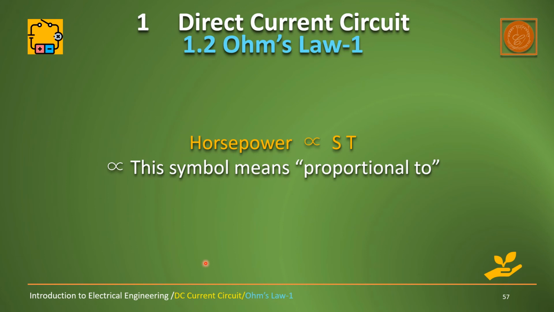Horsepower is proportional to S times T. This symbol means proportional to, so horsepower is proportional to S, the speed, and T, the torque.